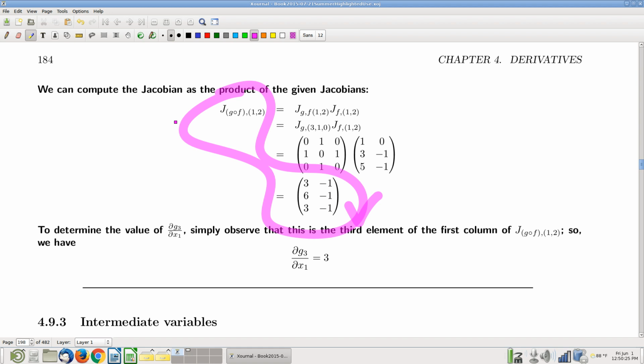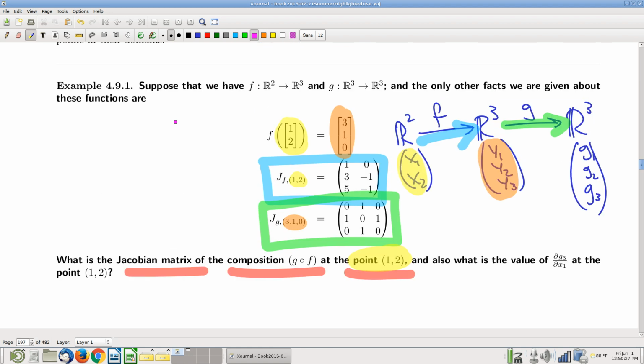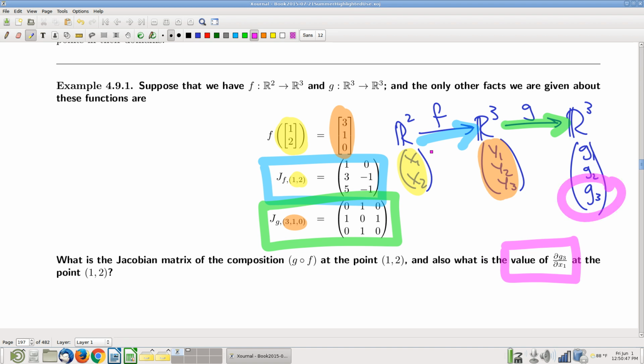Okay, that was the first part of the question. The second part to the question is here. What's the value of partial of G3 with respect to X1? Now here's where it's super helpful to have the roadmap, helping you keep track of what's where. Partial of G3 with respect to X1.